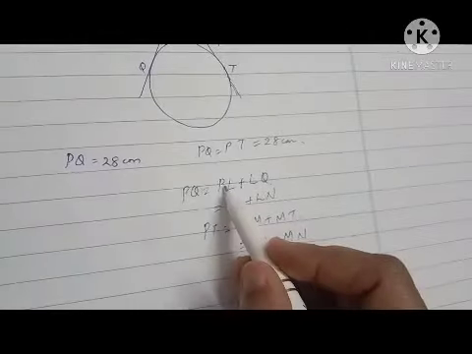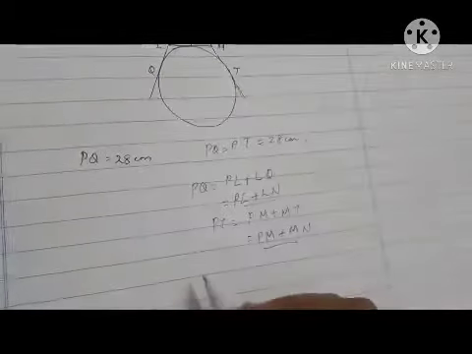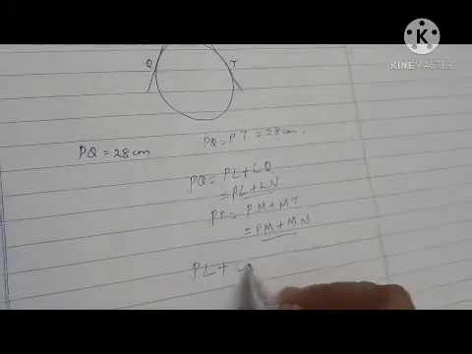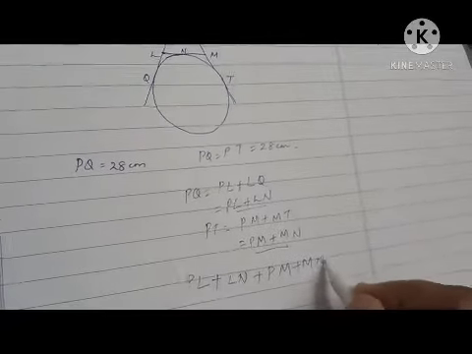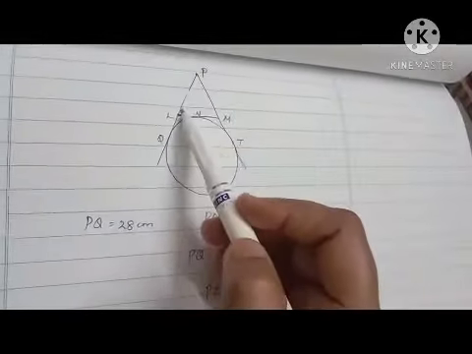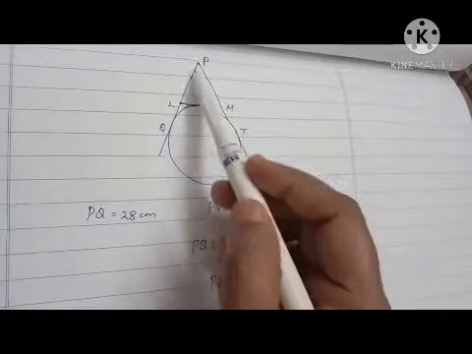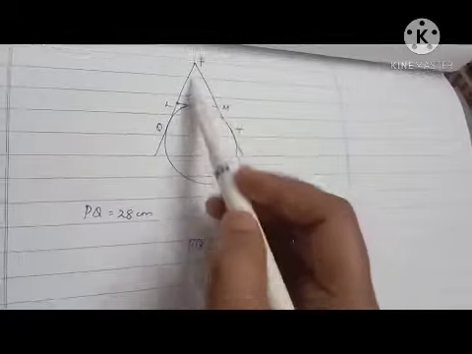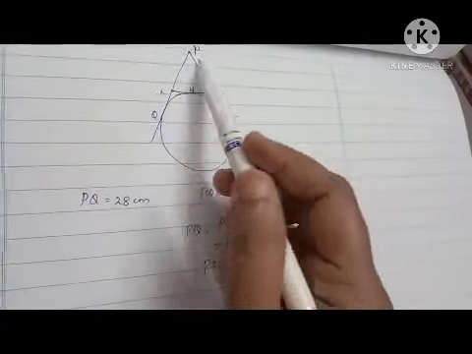Now when we add PL plus LN plus PM plus MN, what will we get? PL plus LN, PM plus MN together is the sum of these three sides of the triangle, that is the perimeter of the triangle PLM.